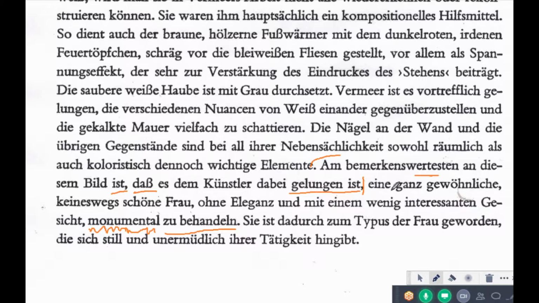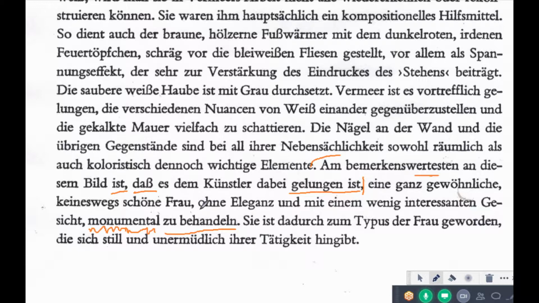Let's read this. Eine ganz gewöhnliche, keineswegs schöne Frau, a quite normal, in no way beautiful woman, ohne Eleganz und mit einem wenig interessanten Gesicht.